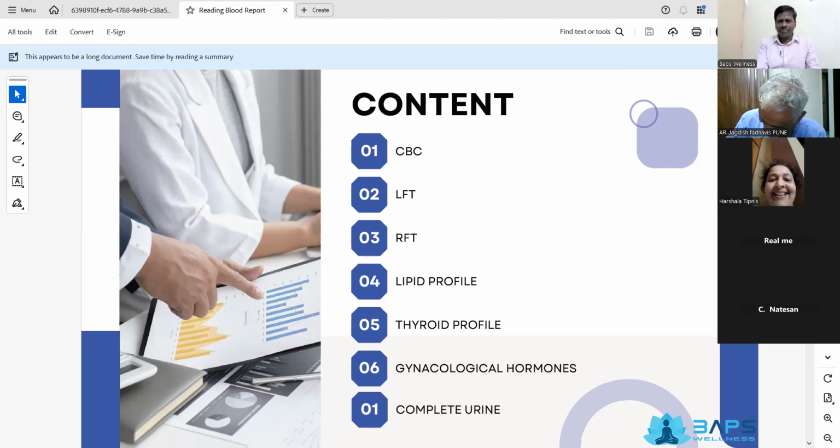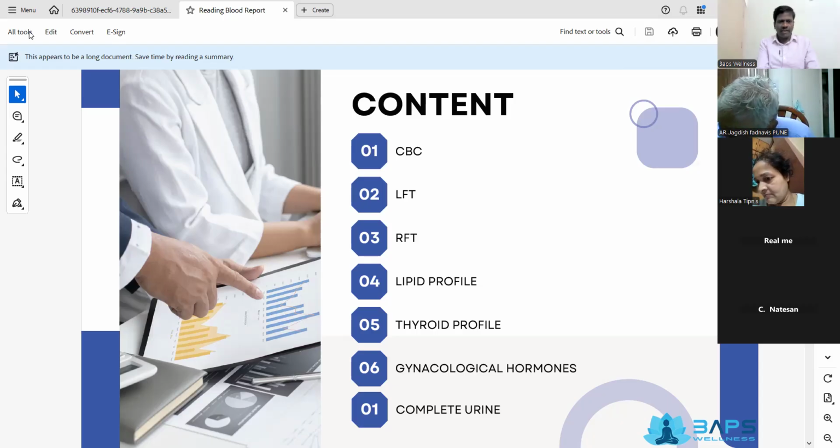Okay. So the common tests, almost in most of the cases, almost 95% of the cases, these are all the tests that are commonly taken to understand and identify the level of health. The tests are, one is the common one, which is CBC, complete blood count, or complete blood picture also.